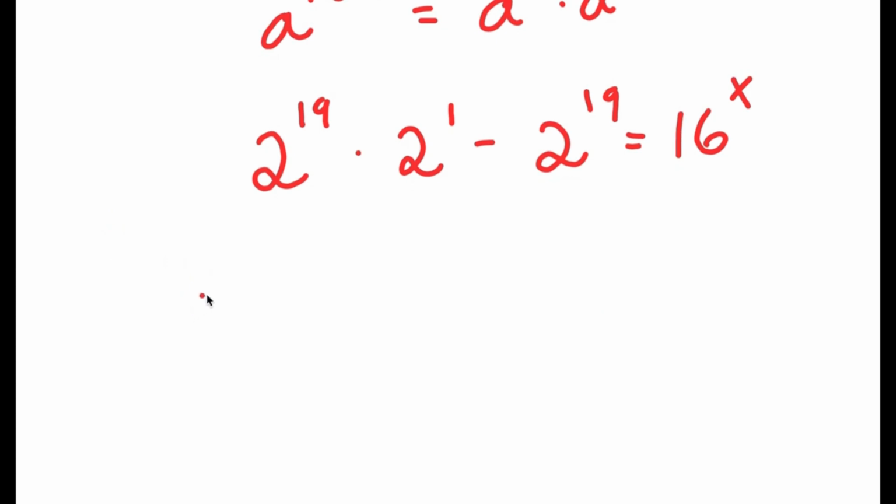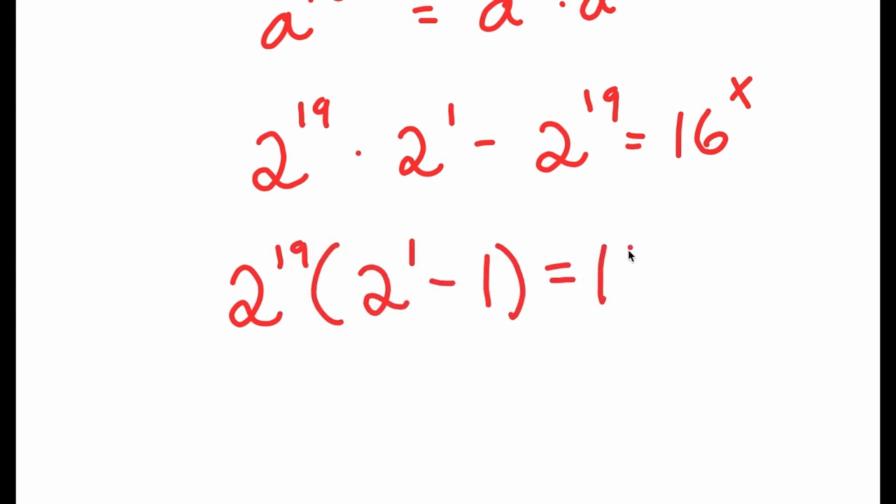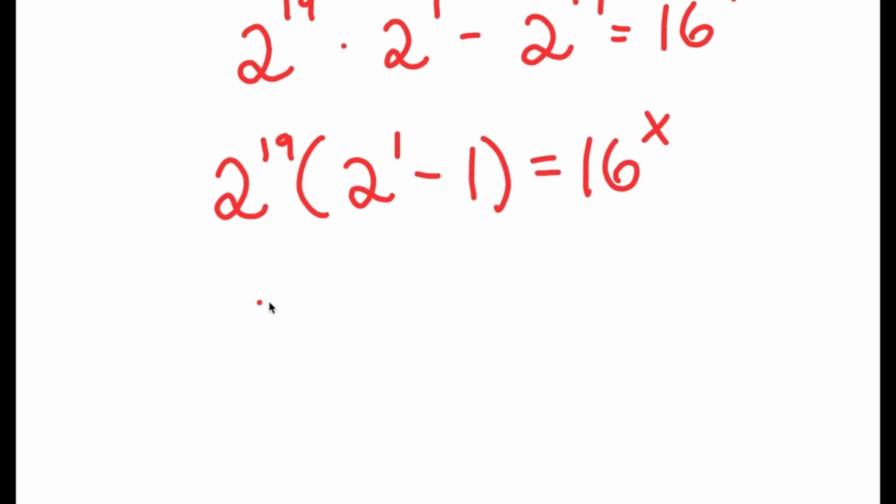Now from here, if I factor out 2 to the power of 19 from my left-hand side, I get 2 to the power of 19 times 2 to the power of 1 minus 1 is equal to 16 to the power of x. And 2 to the power of 1 minus 1 is simply equal to 1, and anything times 1 is itself. So I have 2 to the power of 19 is equal to 16 to the power of x.